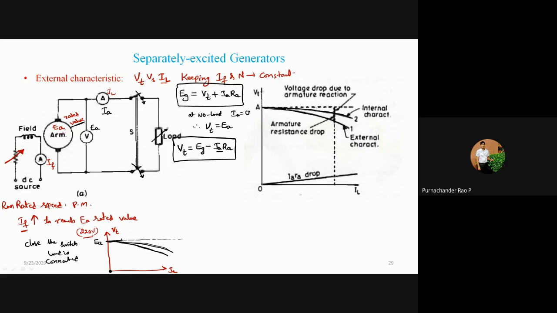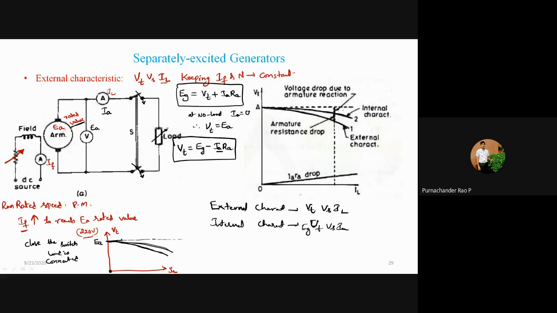Curve 1 indicates the external characteristics, which is drawn between terminal voltage versus IL, and the second one is the internal characteristics, which is drawn between terminal voltage, after adding the armature reaction effect, versus Ia, or Eg versus Ia.